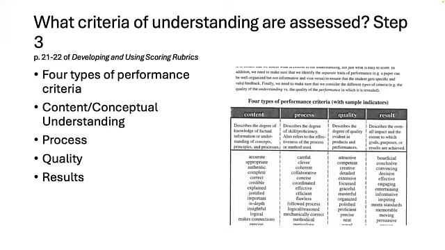Then you've given them some process or activity to engage in. That's a second criterion. Then you have the quality: needs improvement, proficient, advanced, right? And then the results describes the overall impact and the extent to which the goals, purposes, and results are achieved.